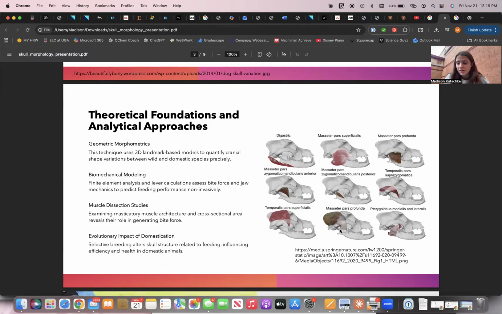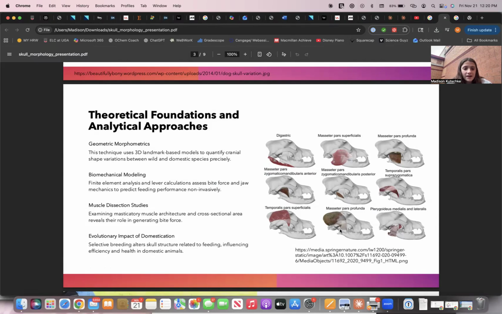A lot of research has been done using geometric morphometrics and biomechanical modeling to quantify these changes and predict feeding performance. These methods can help us link form to function specifically. Geometric morphometrics is a technique that uses 3D landmark-based models to quantify cranial shape variations between wild and domestic species very precisely.